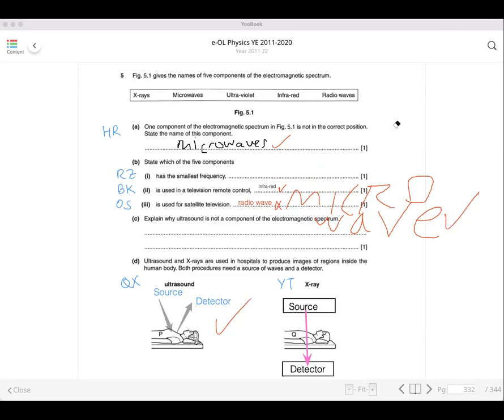So it's radio wave. Is that clear? Towards this side, the frequency goes up. Towards this side, the wavelength goes up, the frequency goes down. In this case, the wavelength goes down. Is that clear? Then microwave is supposed to be here. Understand so far, everybody?